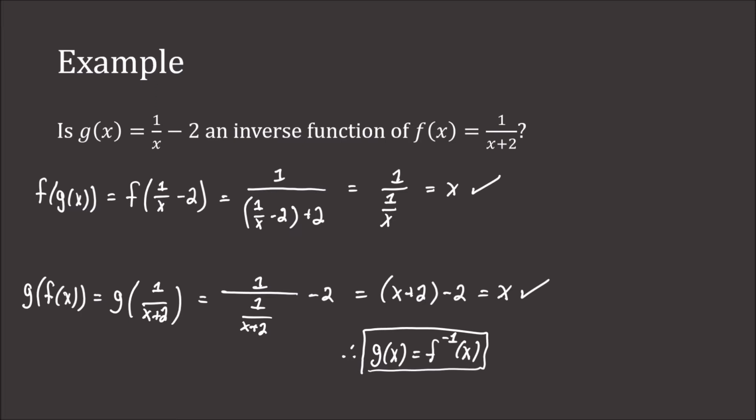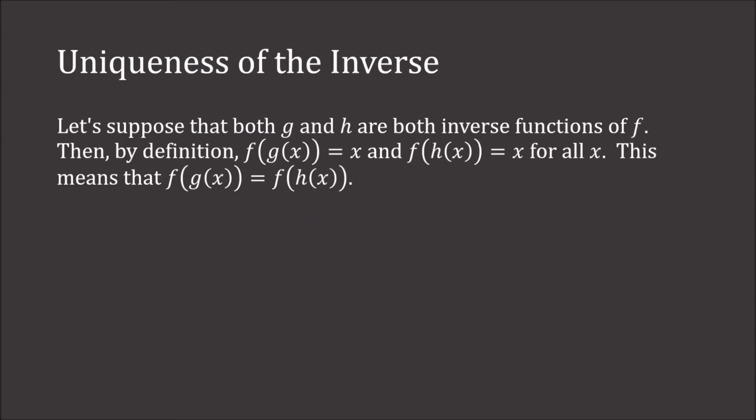Well, now a natural question arises. Can a function have more than one inverse? So let's suppose that g and h are both inverse functions of f. So by definition, this would mean that f of g of x is equal to x, and f of h of x is equal to x for all x. Well, since x is equal to x, this would mean that f of g is equal to f of h.